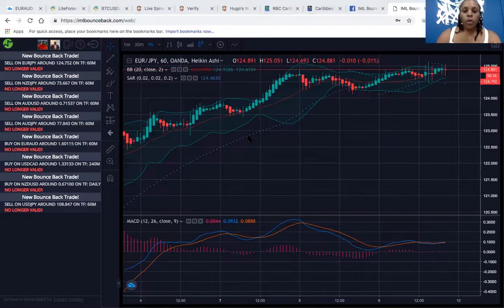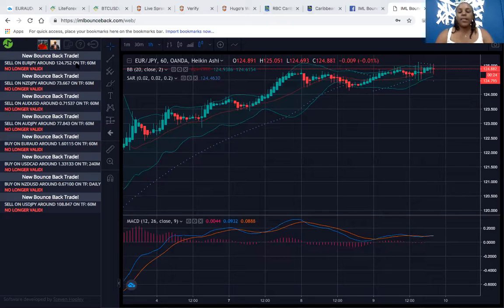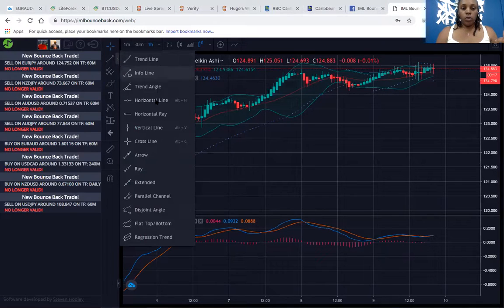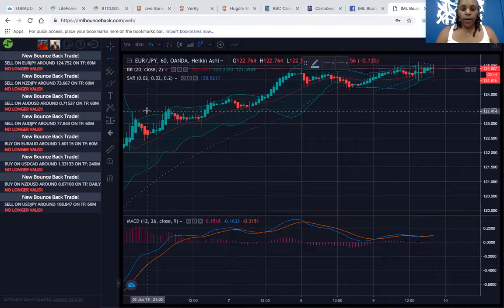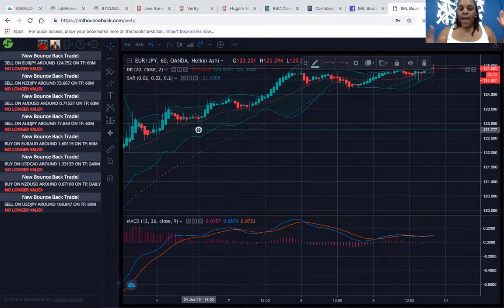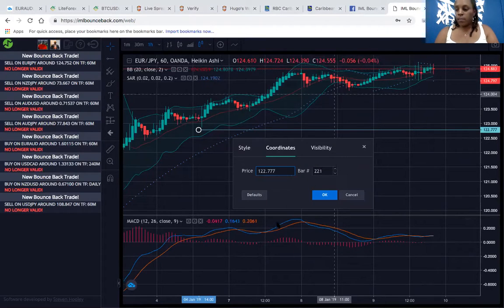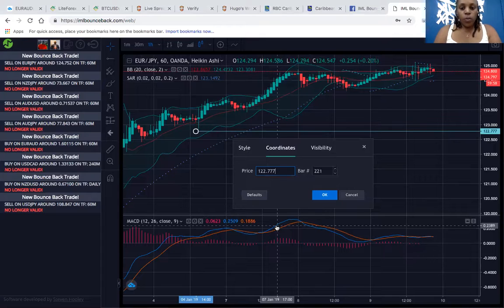Now, what I want you guys to do from here is identify the price point that they're telling you about. So all you have to do, you can do it with a horizontal ray, for example, plot it anywhere on the screen. It doesn't matter, right? Then look for this toolbar here, click settings, and in the settings, you would put the price that they would have posted.